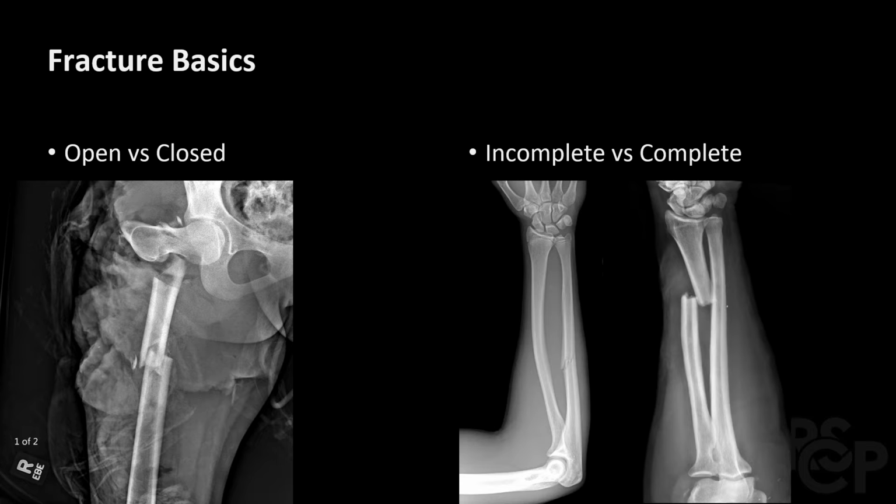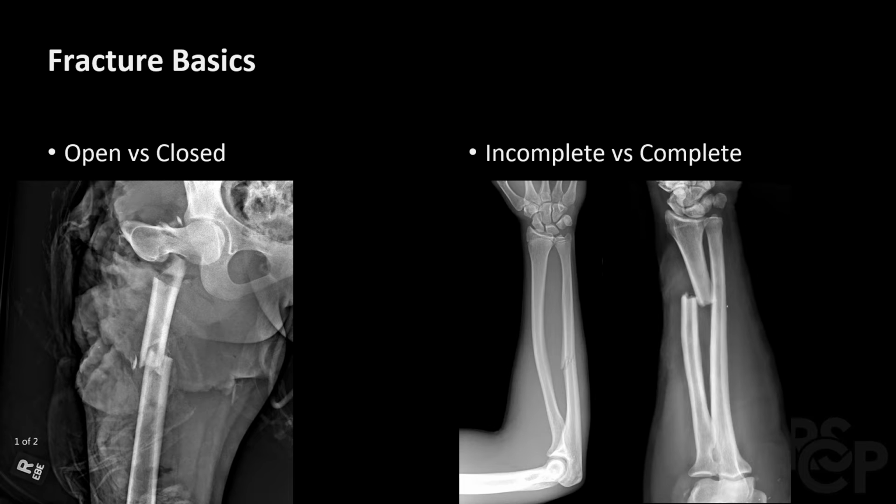And then incomplete versus complete fractures. An incomplete or partial fracture is a fracture that doesn't cross the bone completely, so you'll only have one cortex that is broken and the other one will be intact. In a complete fracture, the fracture line extends all the way across the bone. In this middle picture, you can see an incomplete fracture and how that fracture line doesn't go all the way across both cortices.